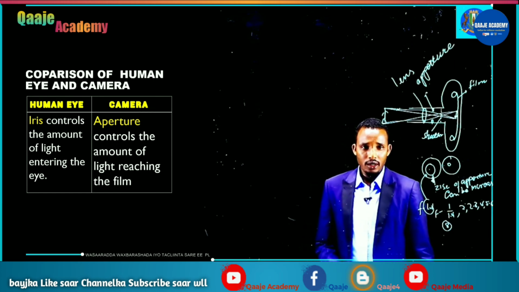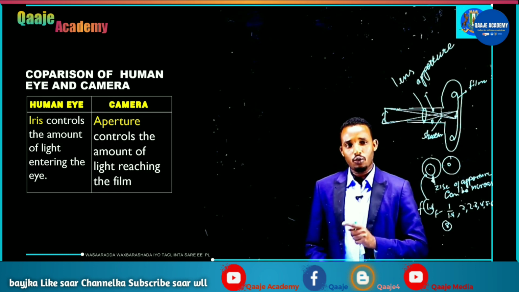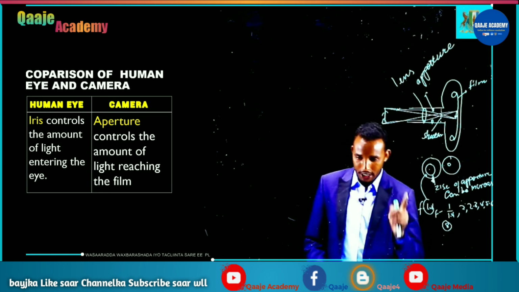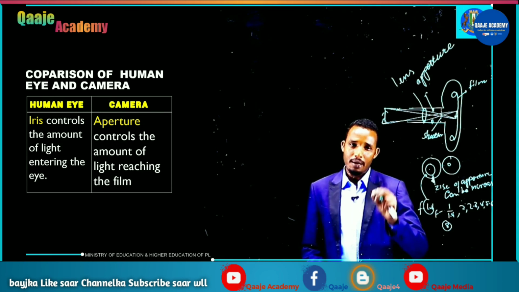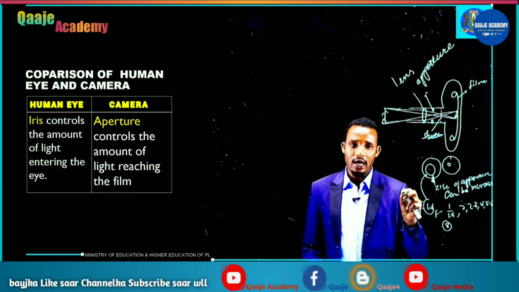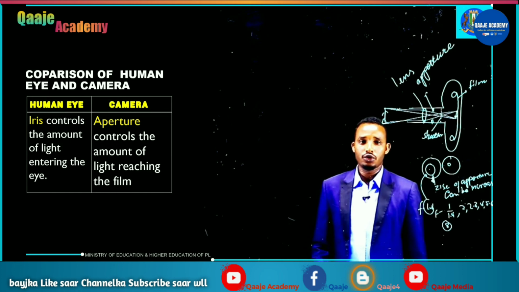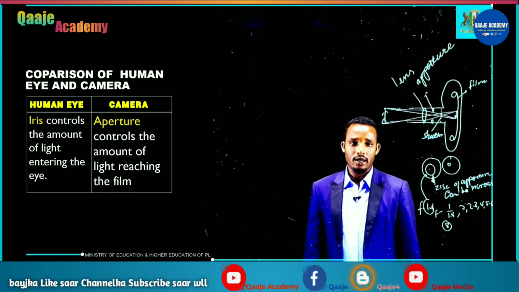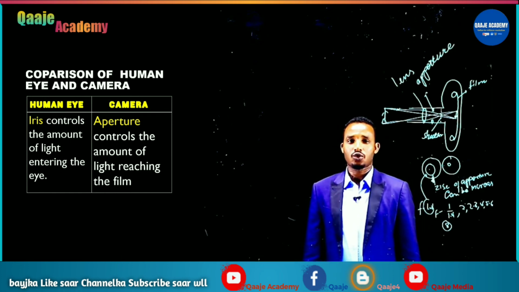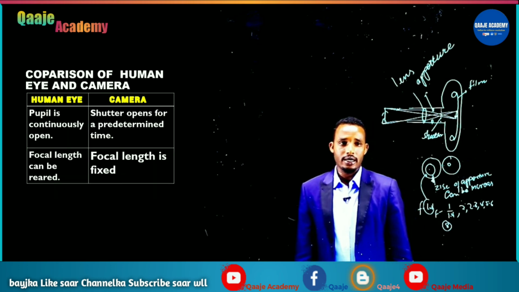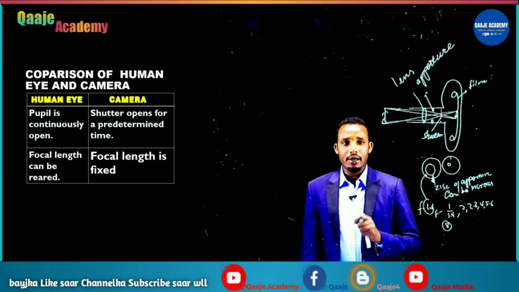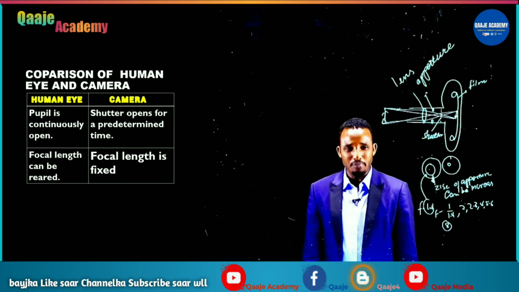Okay, isha bini aadanka marka, labadaasna way iskaga mid yihiin. Aperture and iris, they have the similarity that the camera and the human eye are the same according to the purpose or function of iris and aperture. Okay, qodobka kale, in camera the shutter opens for a predetermined time.